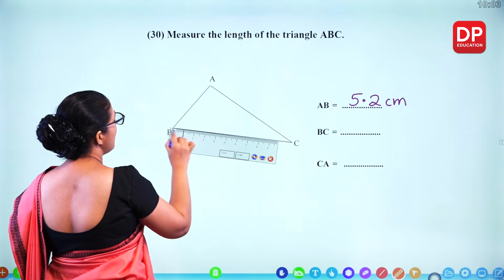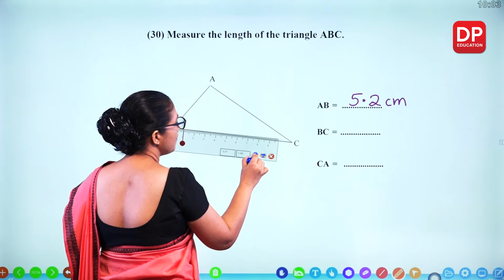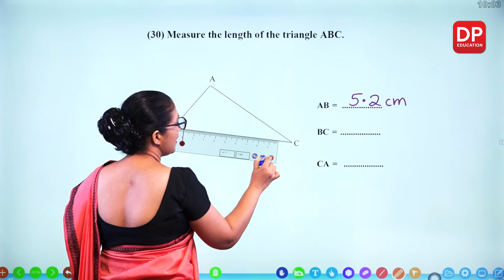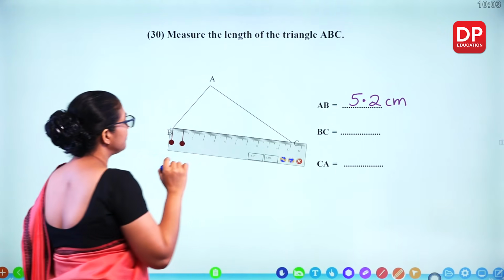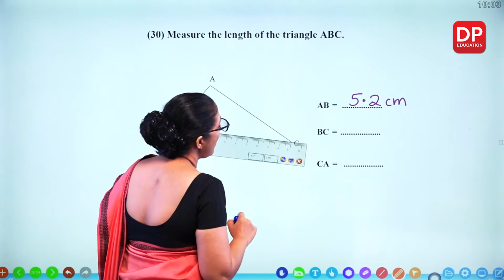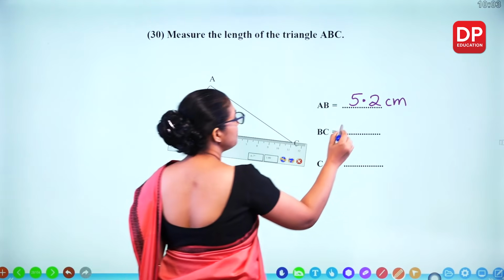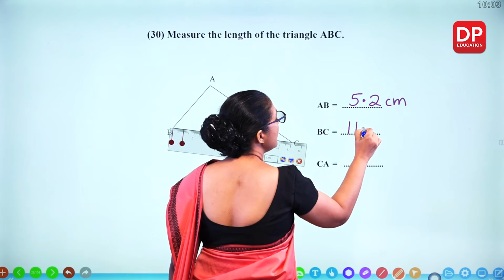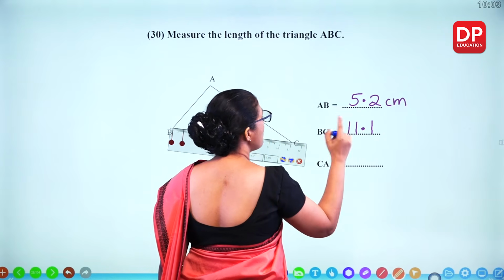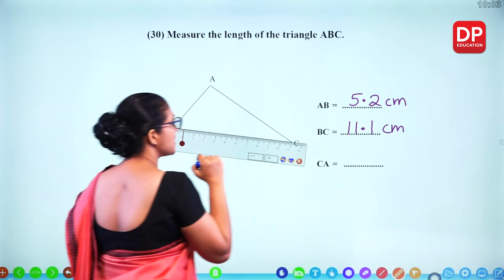So I keep the 0 point on B and I can extend this. So here to here, I get 11.1. 11 centimeters and 1 millimeter, 11.1 centimeters.